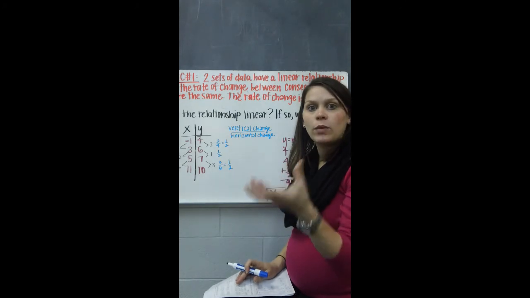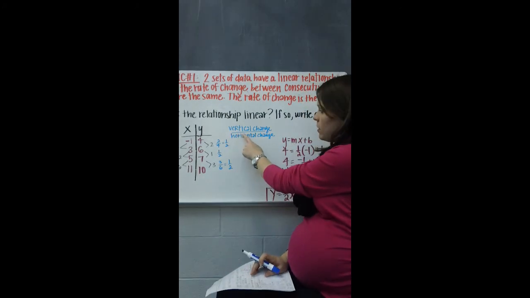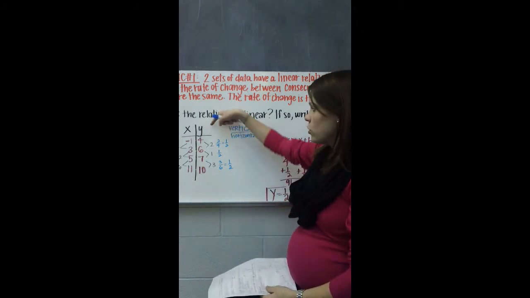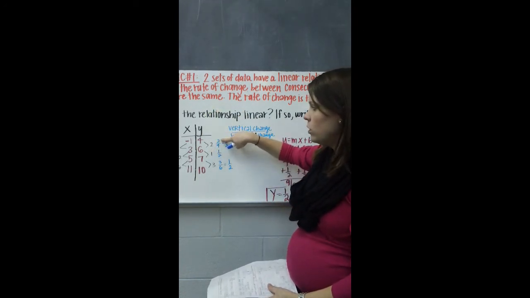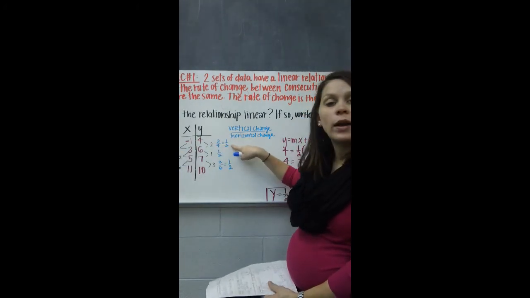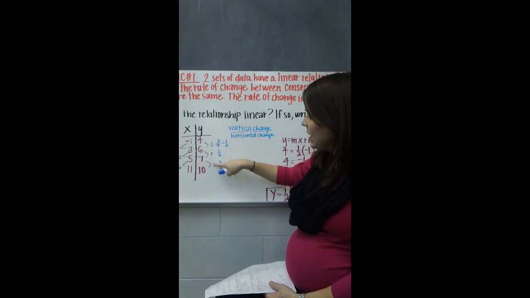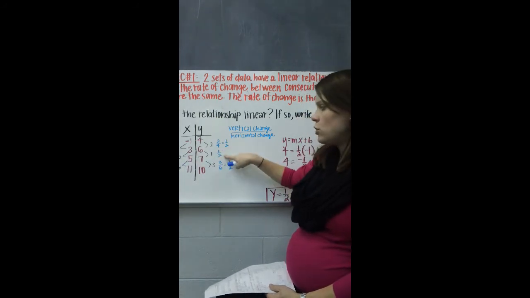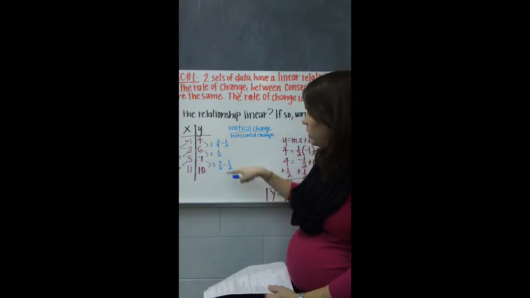Now we need to see the rate of change by putting them together. And remember, rate of change is the vertical change over the horizontal. So vertical would be on my y values. We had 2. Horizontal change was 4. 2 over 4 reduces to 1/2. The next one, we had a vertical change of 1, horizontal change of 2. So we also have a 1/2.